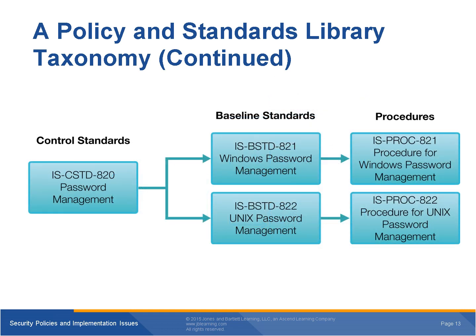Baseline standards are then numbered so as to maintain the consistency of the taxonomy and support the control standards upon which they're based. The baseline standards are specific to technology and numbered as IS-BSTD 821 and 822, where BSTD stands for Baseline Standard.